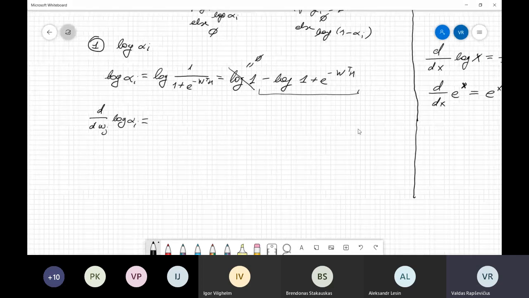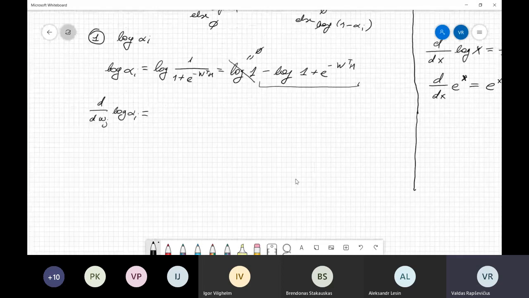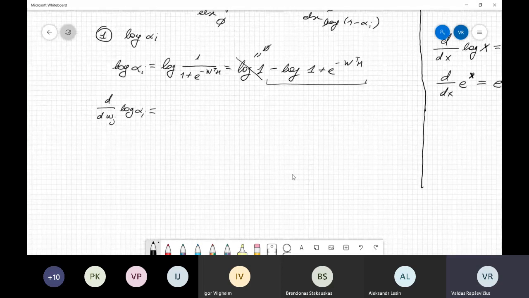Having these two rules, we can move on. We take 1 divided by whatever was under the logarithm. Since we are deriving from this function, this gives us minus 1 divided by 1 plus e to the minus W transpose h.